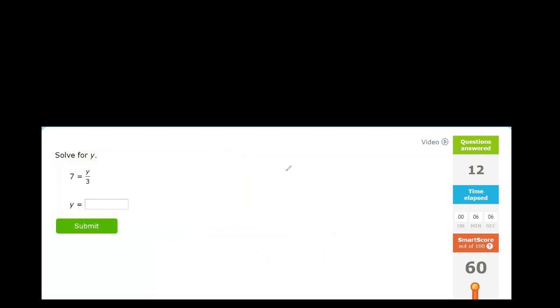Here's another problem. Notice how the variable is now on the right-hand side of the equation. And whenever you see a horizontal line like this, it means division. So this means y divided by 3. So what are we doing to the y?